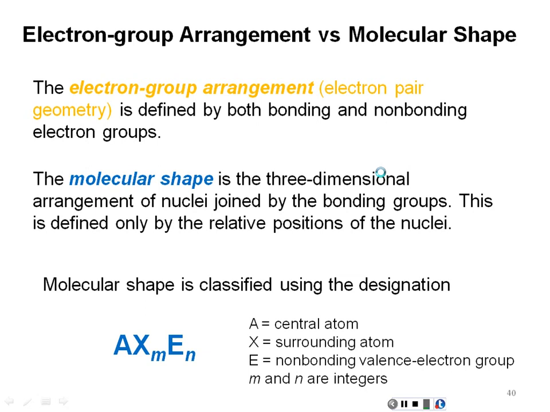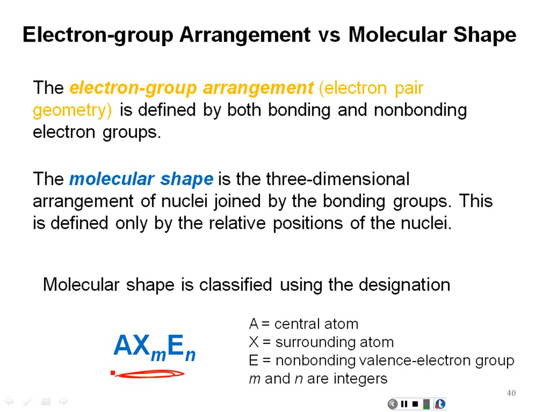And if we want to determine electron group arrangement or molecular shape, we use a shorthand notation shown here at the bottom, where we have a formula written as AX sub M E sub N. What is A?